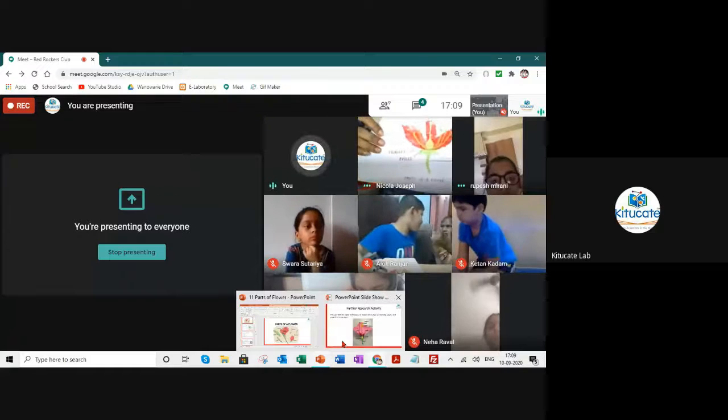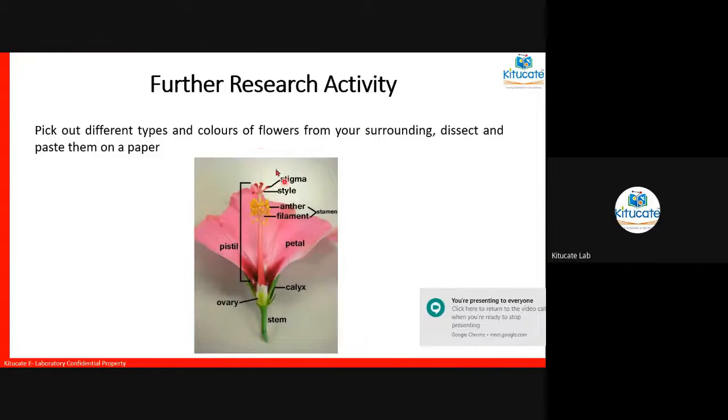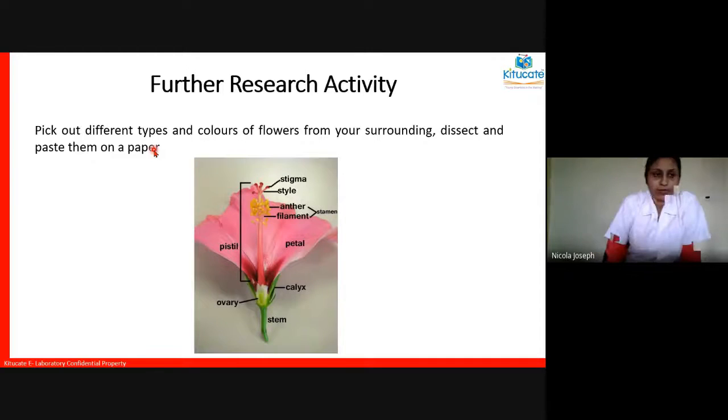Nicola ma'am, you'll explain what activity they have to do, like it is there on the slide. Okay, so what you'll have to do is see the different kinds of colors of the flowers. You all must have seen all the flowers.